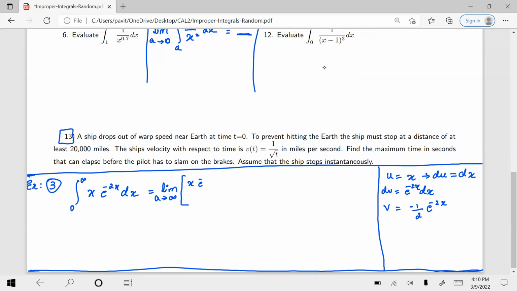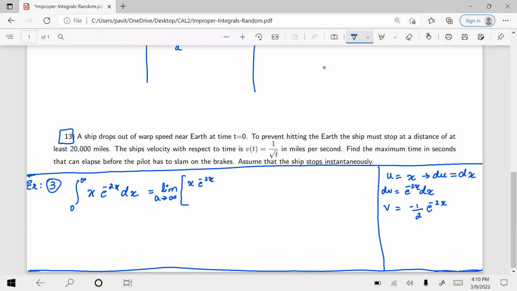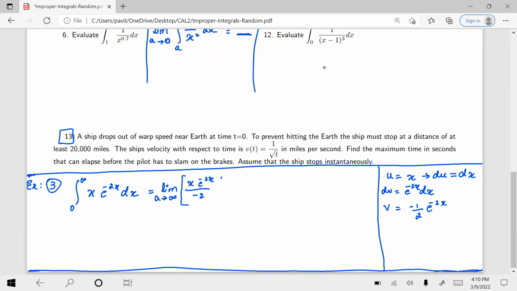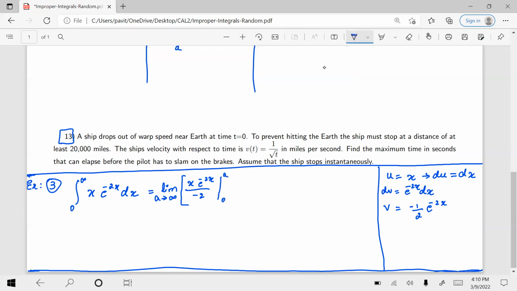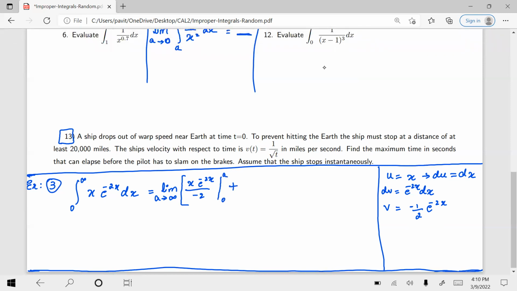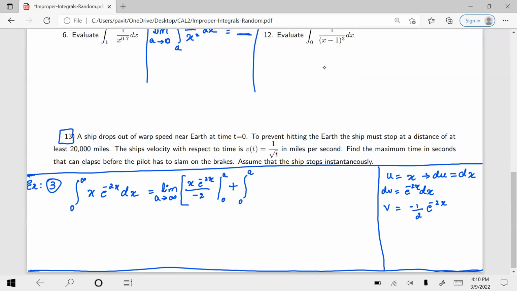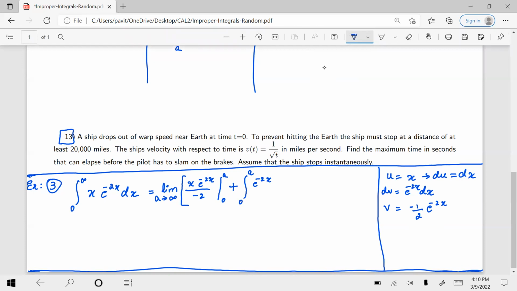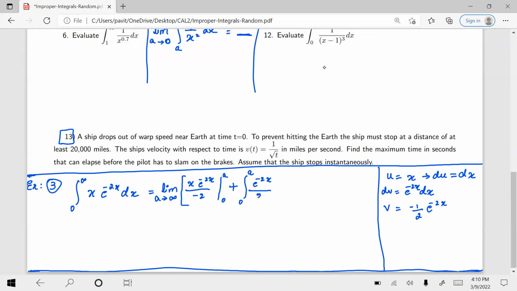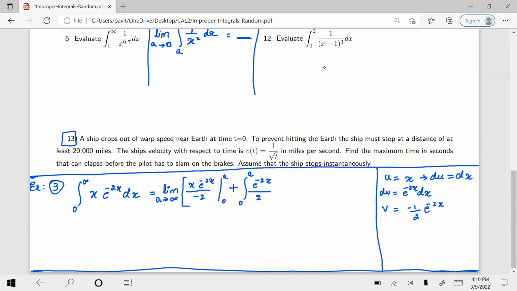So x e power minus 2x divided by negative 2. The limits are from 0 to a plus 0 to a integral v into u. So e power minus 2x divided by 2 into dx.